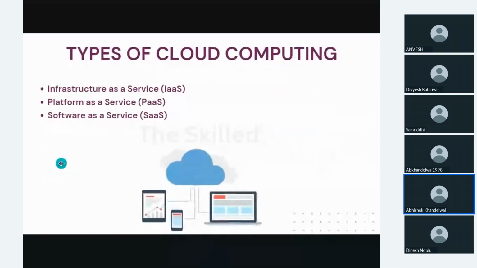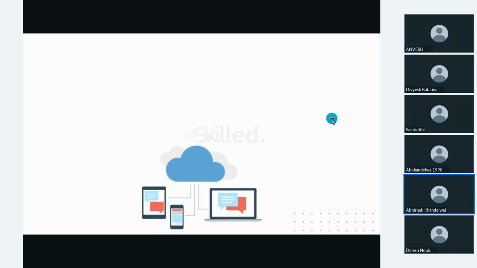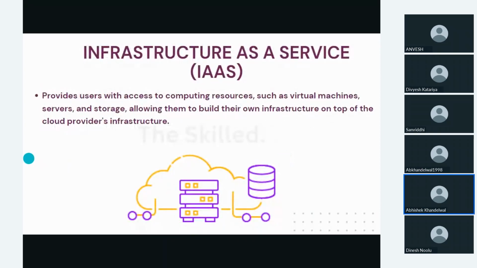Now, a good interview question: what are the types of cloud computing out there? There are three main types: infra as a service, platform as a service, and software as a service, known as IaaS, PaaS, and SaaS. We'll have a quick brief of what all these mean. First, infra as a service.